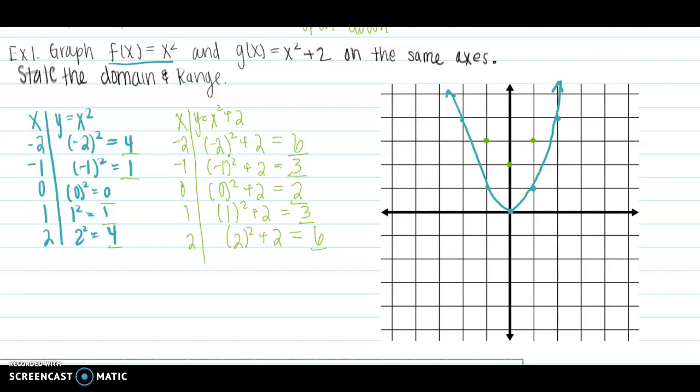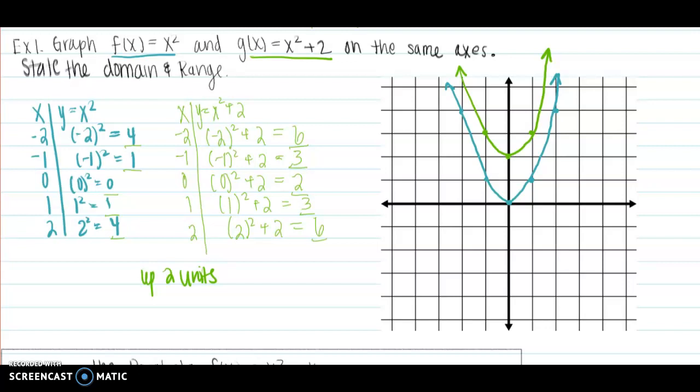And then the other one would be up there, so we're just going to estimate it. So that would be this one. So remember, the blue one is our parent function. So what happened from the parent function to the green one? It went up 2 units.